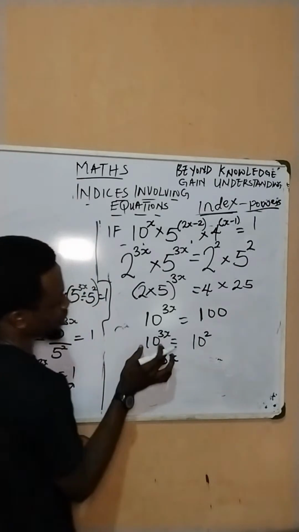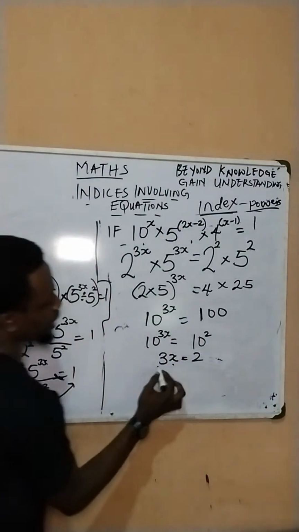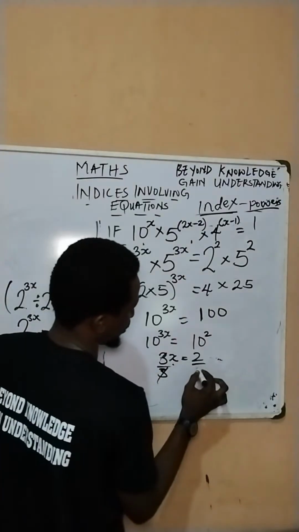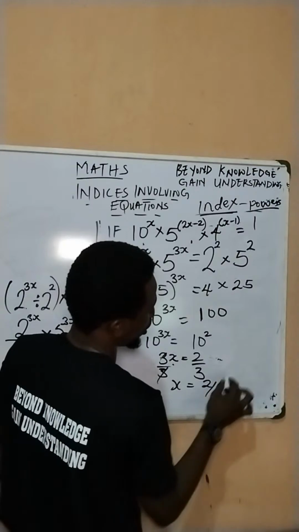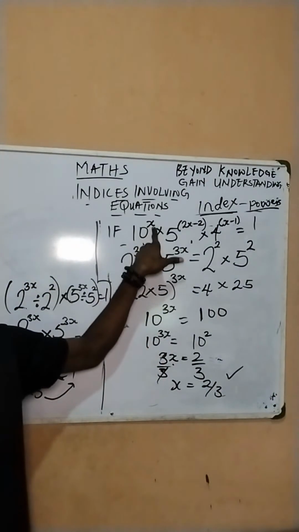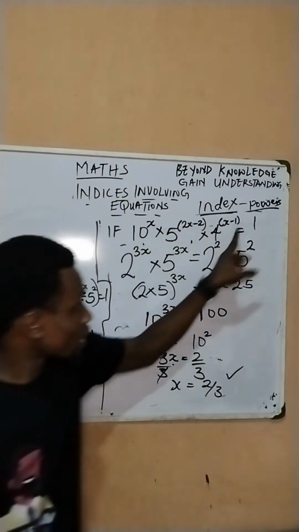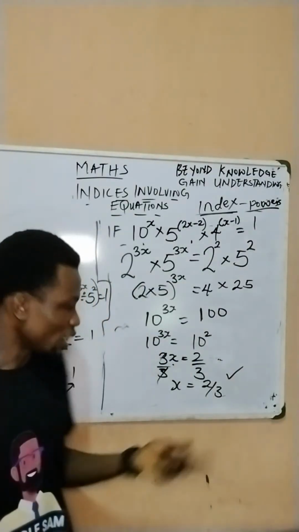The power on the left is 3x, and on the right is 2. To find our x, we simply divide both sides by the coefficient of x, so x is now equal to 2 over 3. Meaning that the value of the variable power that will satisfy this expression, for the left-hand side to equal 1, is 2 over 3.